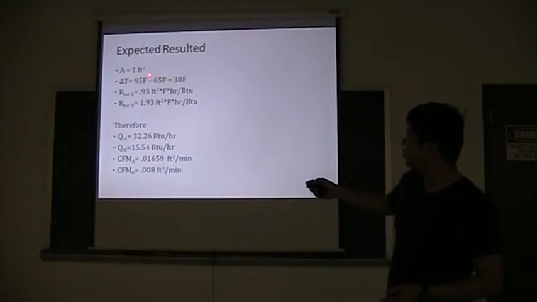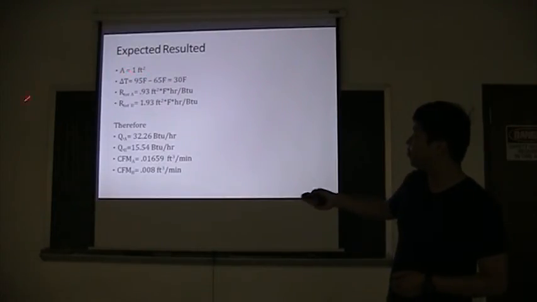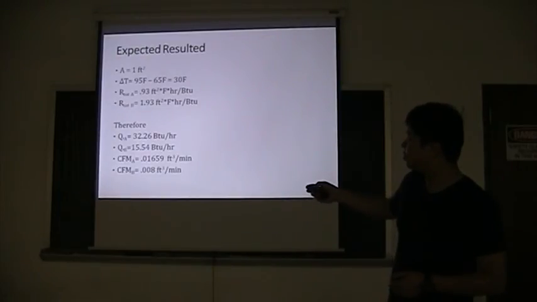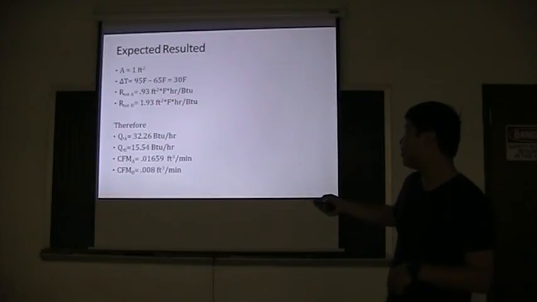Here's what I got. Again, the assumption is 1 foot squared for the wall and the temperature difference. So the total resistance for A, since there's no air gap, is 0.93 feet squared Fahrenheit hour per BTU. And obviously you can see that thermal resistance is higher for B because of that air gap.